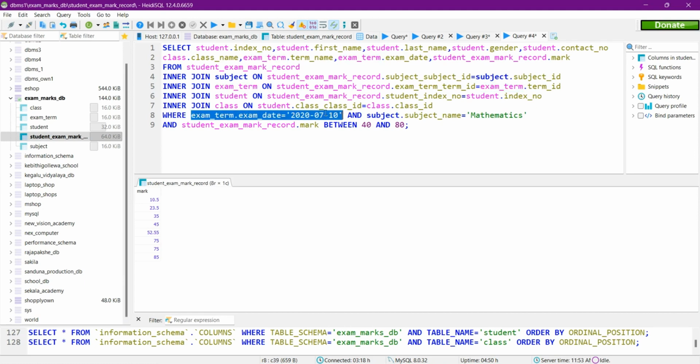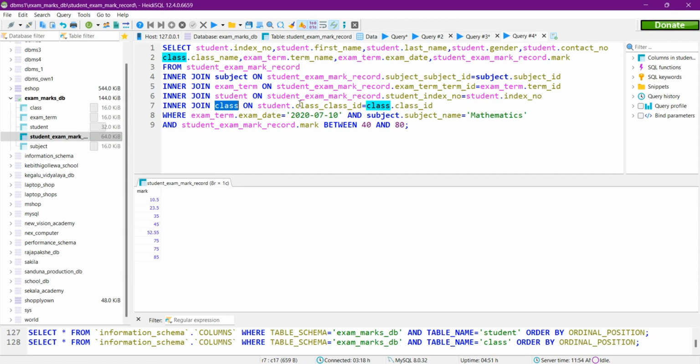So the exam date is in the exam term table. So we have taken, if you come to the third join query, the student table because we need to find out the names of that student, all the details of that student. So finally we have the class, so we can find out the class name as well.